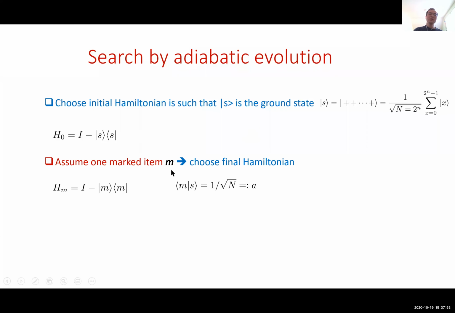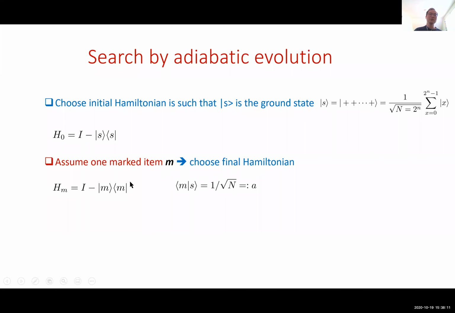We're going to assume there's only one marked item labeled by M. We're going to choose the final Hamiltonian so that M will be the ground state.